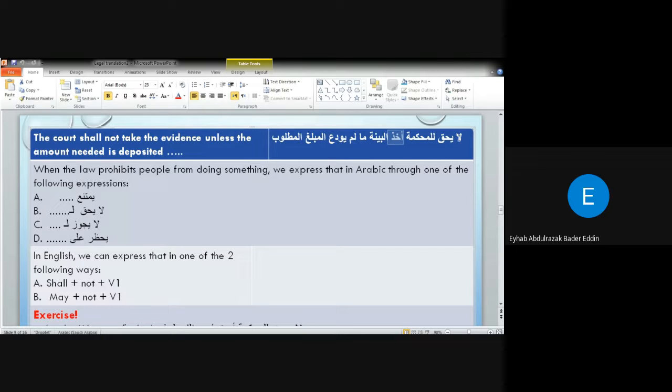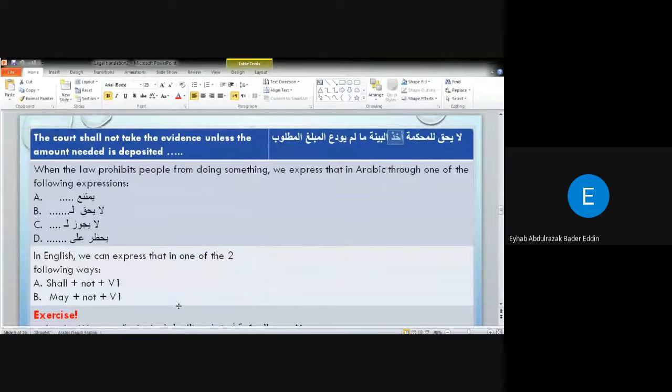You can say لا يحق للمحكمة أو تمتنع المحكمة عن, and here the preposition is عن, أو لا يجوز للمحكمة أن تأخذ أو يحظر على المحكمة أن تأخذ أو أخذ. Is that clear? Any question about this?